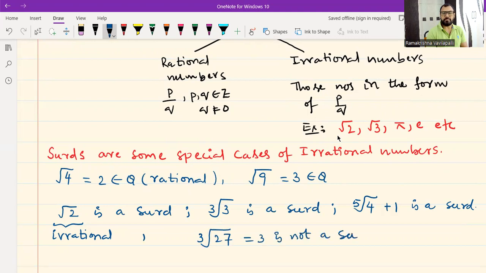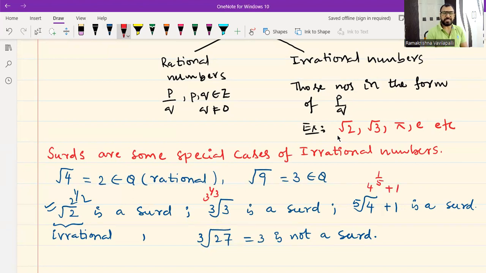So a surd is in the form of a to the power of 1 by n. Here this is 2 to the power of 1 by 2, this is 3 to the power of 1 by 3, and this is 4 to the power of 1 by 5 plus 1.